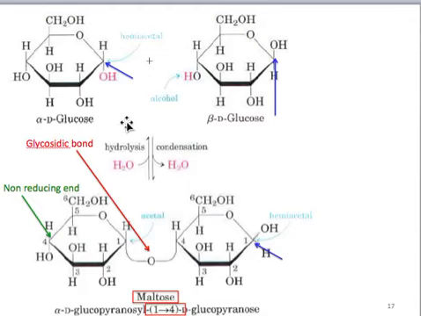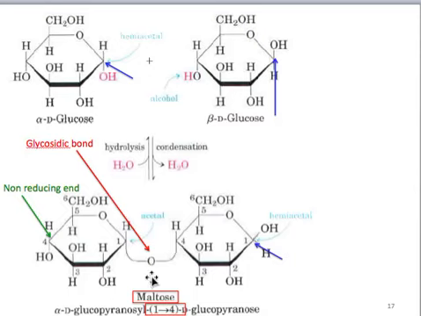When an alpha-D glucose joins a beta-D glucose with a glycosidic bond, using the carbon number 1 of the alpha-D glucose and the carbon number 4 of the beta-D glucose, it becomes a disaccharide called maltose. The specific glycosidic bond in maltose is called an alpha-1,4 glycosidic bond.